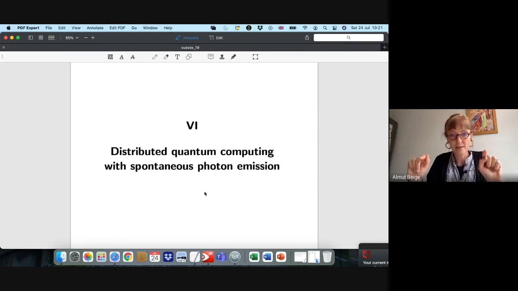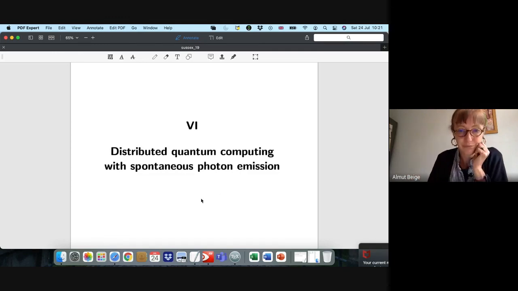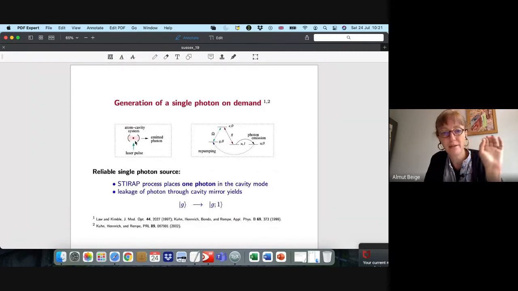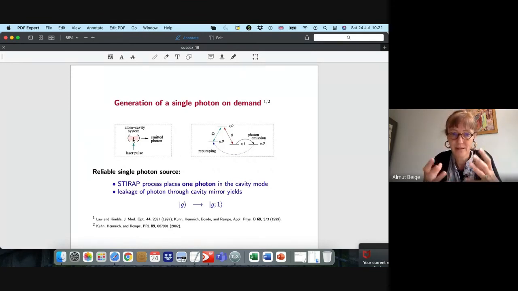In order to do that, you would use photon emission and the interference that we've seen in the double slit experiment. So if you put an atom in a cavity, but it could also be a quantum dot, any kind of system that can release light in the optical regime.